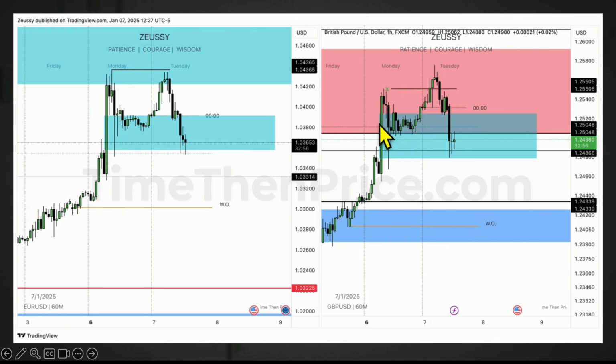This BC was the range I was monitoring on GU to gauge the order flow. The reason why that BC in particular was so important on both markets is that it formed on Monday, whilst I had that bullish bias on the dollar and still that bearish bias on both Euro and GU. Therefore, what I'm monitoring is how the markets are going to react off this very large imbalance. Do you see the size of that imbalance?